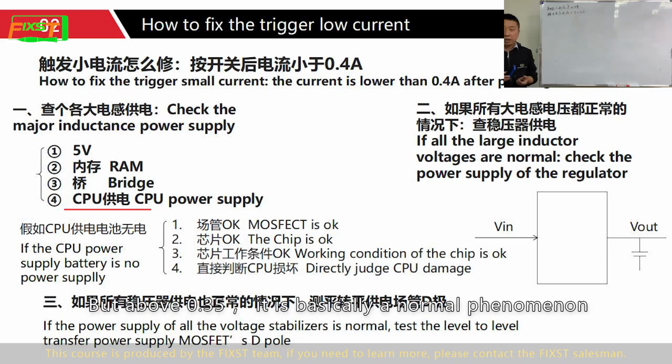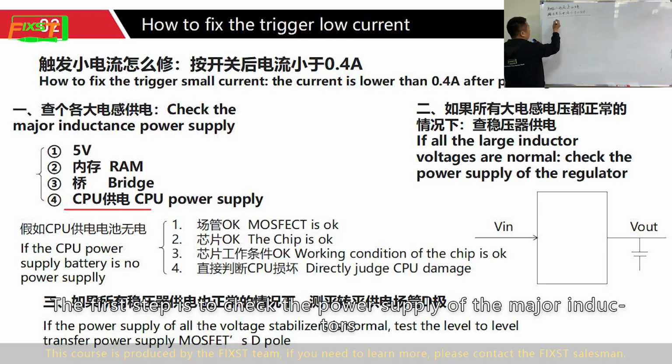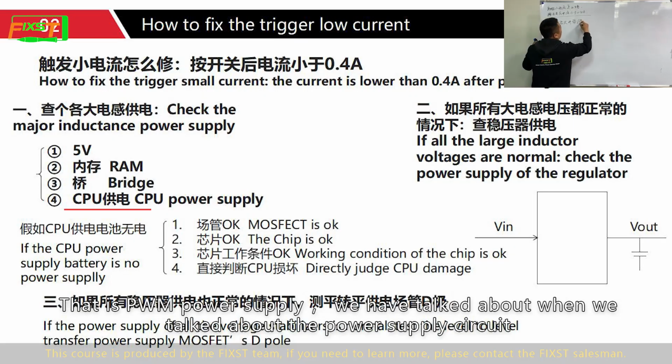But above 0.35 ampere, it is basically a normal phenomenon. So in this situation, where does the problem generally lie? The first step is to check the power supply of the major inductors. That is the PWM power supply.